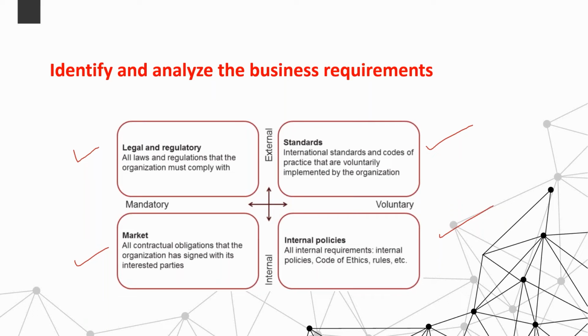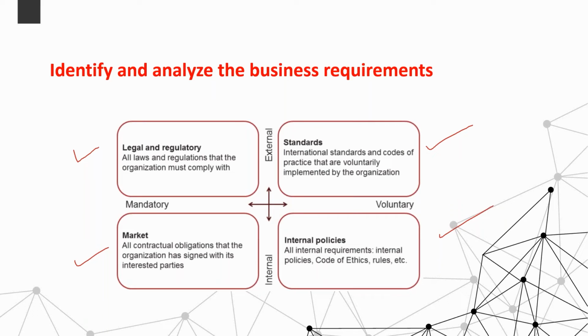Next are your standards. The organization must comply with the international standard and the code of practice as well, as per your industry sector. When we go with the implementation of a regulatory framework, again it's a voluntary choice from the information security management point of view.